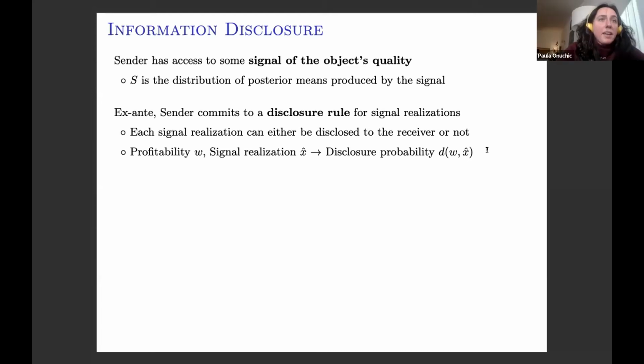Right. Well, in my model, to the receiver it doesn't matter what the profitability is. He only cares about what this X is. To some extent, he doesn't even want to learn about the W, so that's a bit of a moot point. I prefer to talk about this later, but I can also argue that the commitment with respect to the W dimension is not actually going to be important.